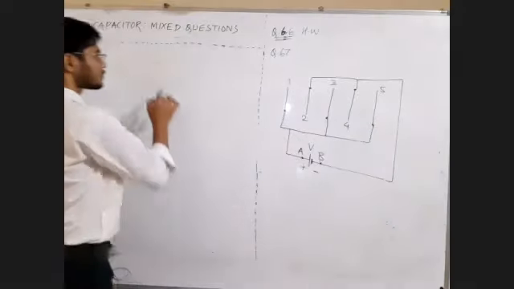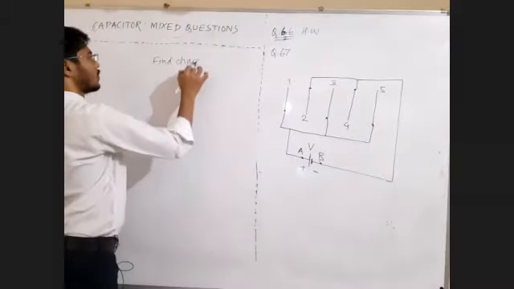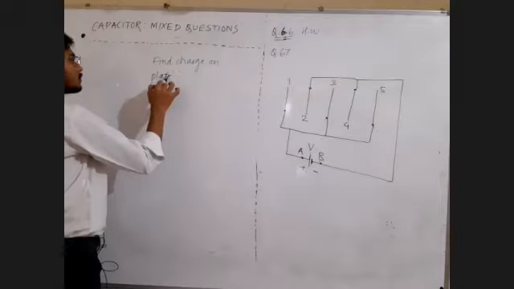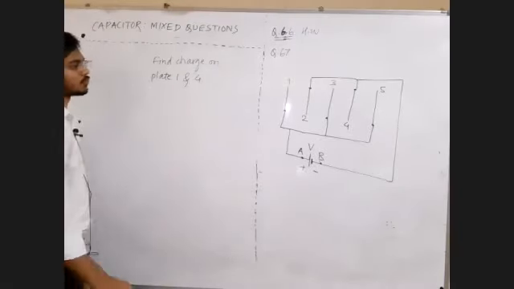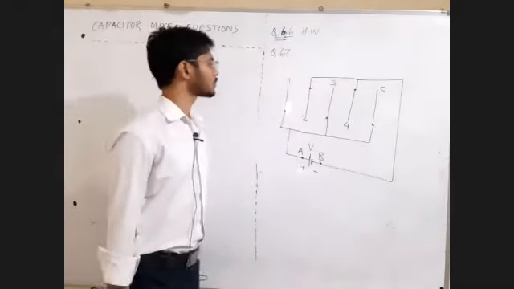What is asked? Find the charge on plate 1 and 4. What is the total charge on plate 1 and what is the total charge on plate 4?